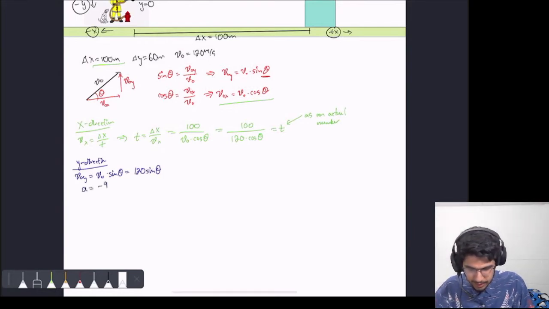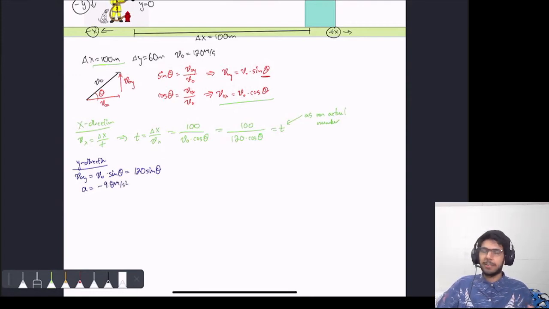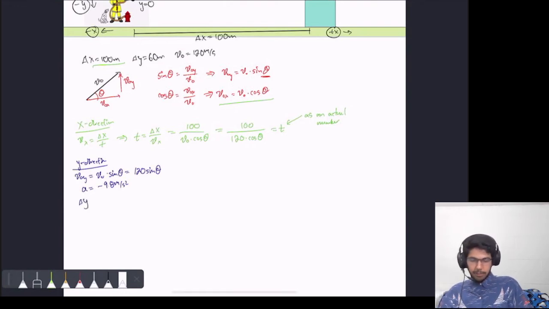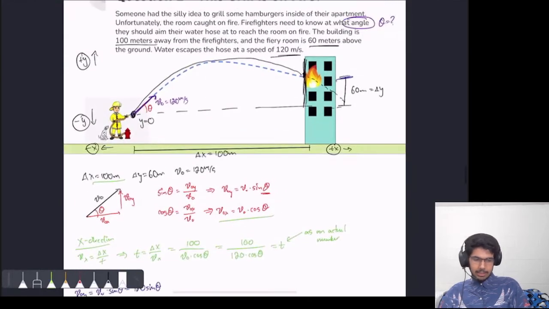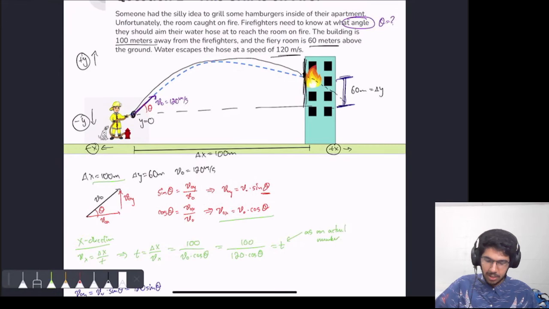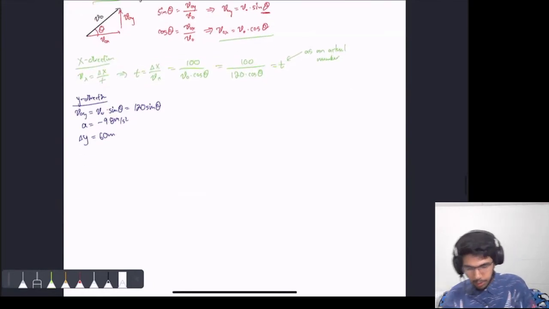This is negative 9.8 meters per second squared, and that's due to how we define the direction of the y direction. And also we have delta y, that's equal to 60 meters. That is this height here from where the water is coming from, to where the fire is. The change in height.